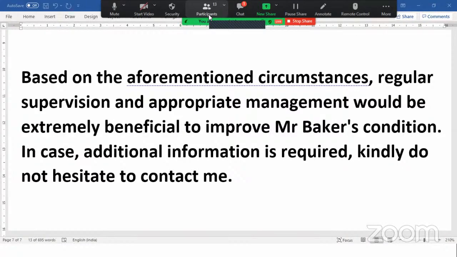Start writing. Keep this as a model for you and write your own. Try to change. Try to play. Anyhow, this sentence is already there. You need not write this sentence because it's already there. You can use it in your next letters.